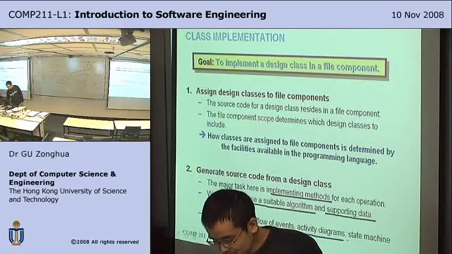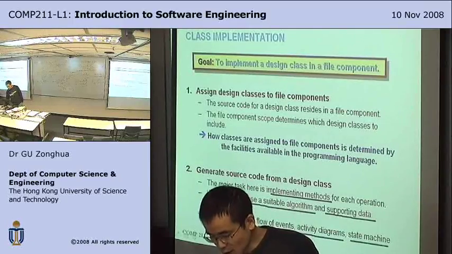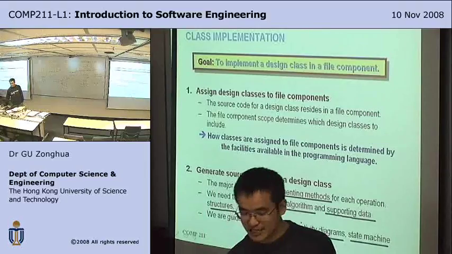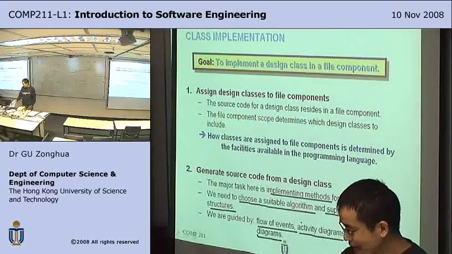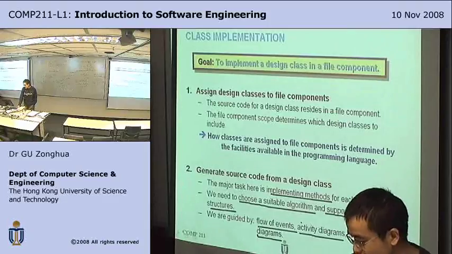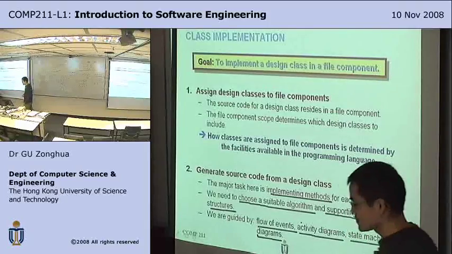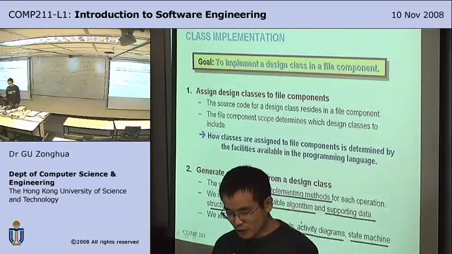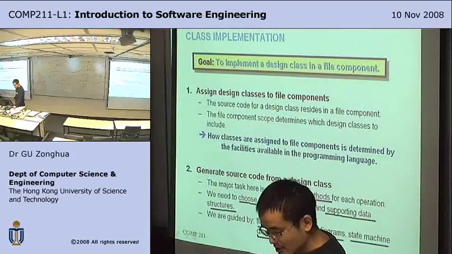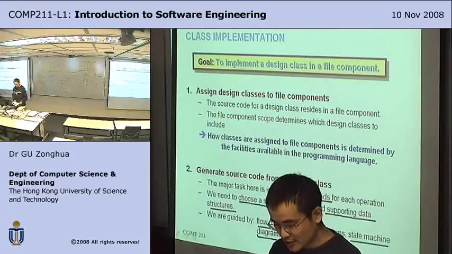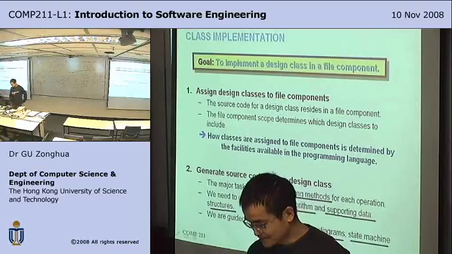Activity diagrams and state machine diagrams can all affect your implementation. Especially state machine diagrams can be directly translated into source code, either manually or by automatic code generators that can take a state machine and generate C++ code or Java code from it.